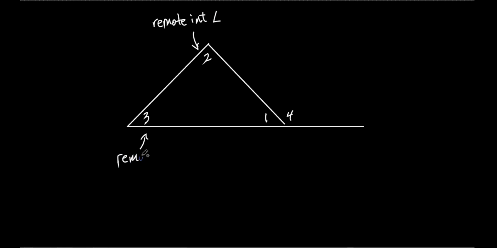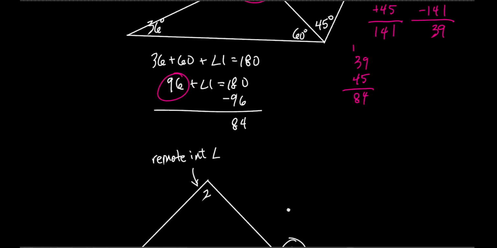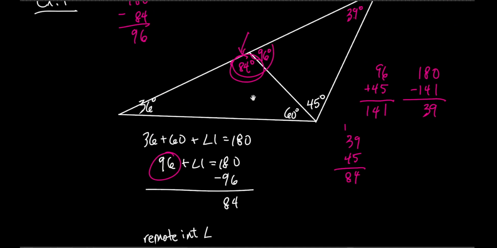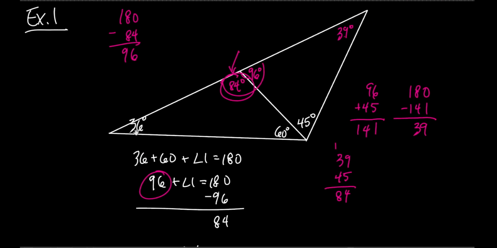That's also a remote interior angle. Remote to what? Remote to the exterior angle, angle 4. Everybody see that? Now, we just did a lesson. What happened? Look at the 96 and look at the 36 and the 60. The 36 and the 60 are what kind of angles to that 96?